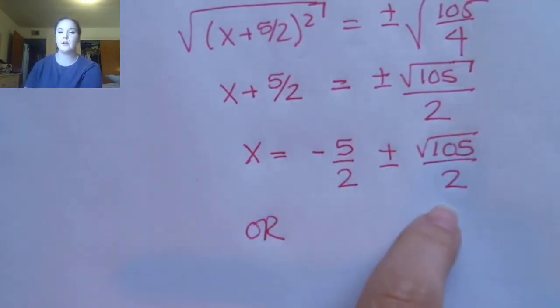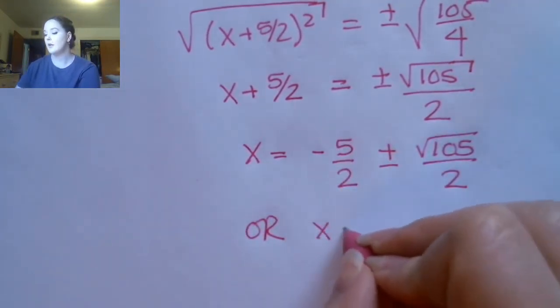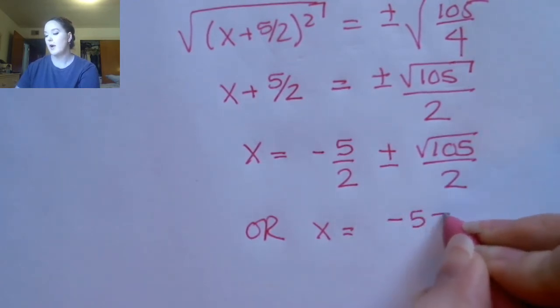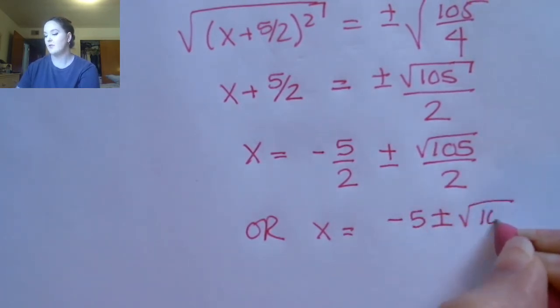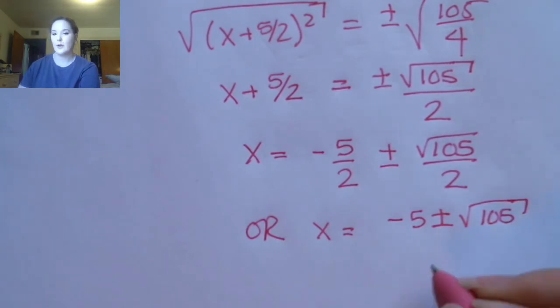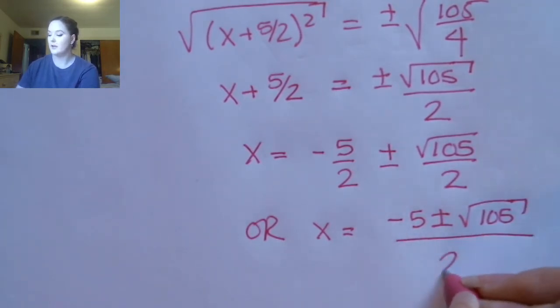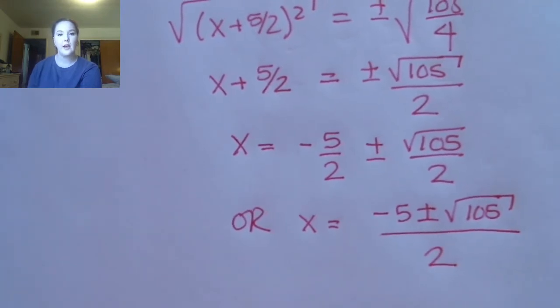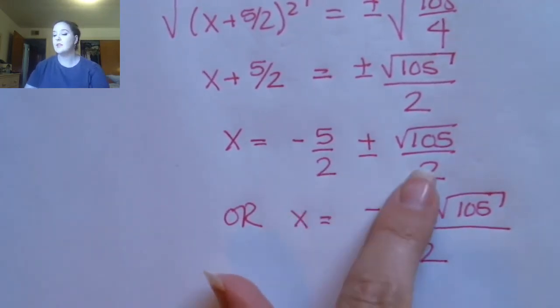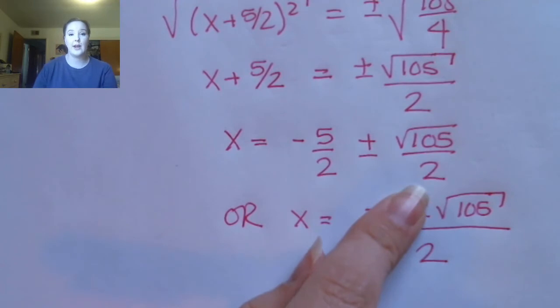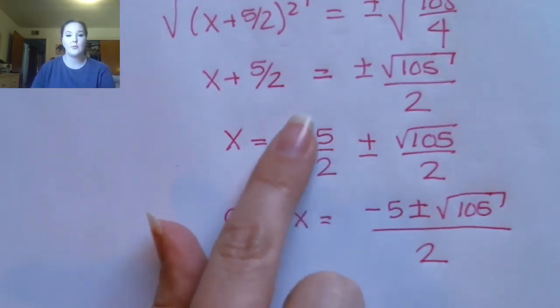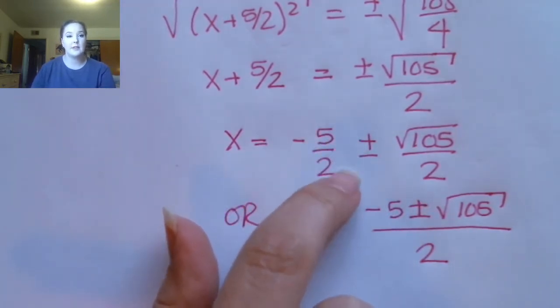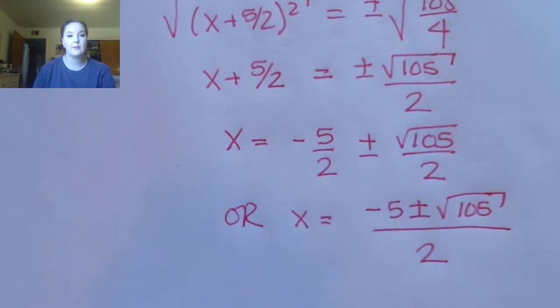These have common denominators already, so it is certainly possible to write this as a single fraction with the common denominator 2. I also wanted to point out that these two solutions are radical conjugates: same rational part and opposite radical part.